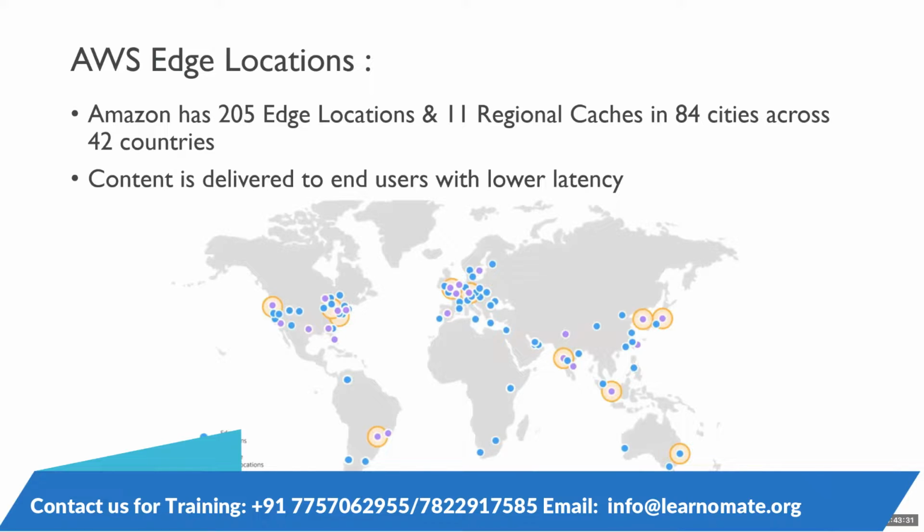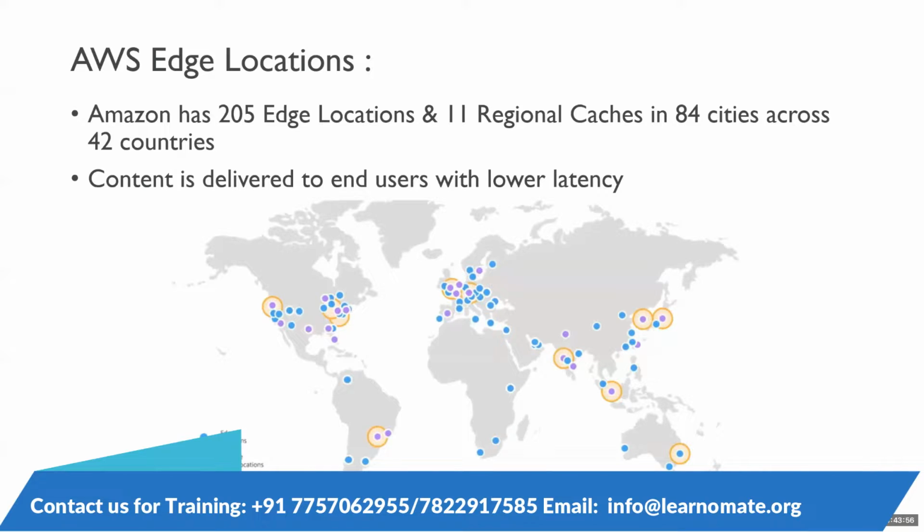So we have a total of 216, out of which 205 are edge locations and 11 are regional caches. So what it does is it caches the information that is there in the data center. So if you see every region, there are more edge locations than the availability zones of the regions, I would say. An edge location is nothing but an endpoint in that particular region or a particular service, I would say.